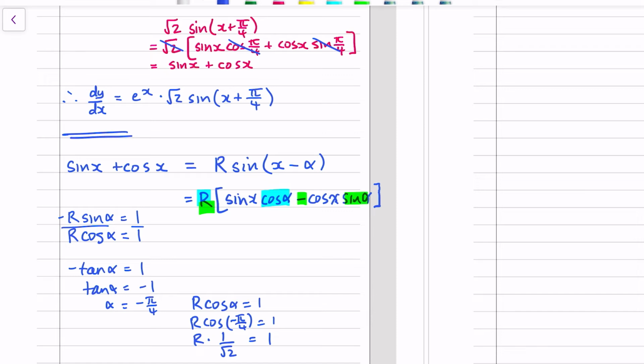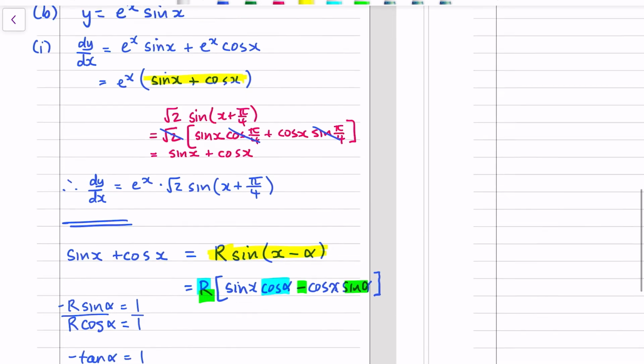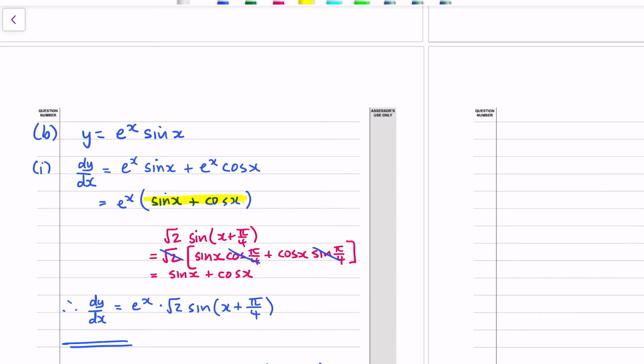And then I can go back to this structure here and go sine x plus cos x equals root 2 sine of x minus alpha, and remember alpha was negative, so it's x plus pi over 4. And then that goes back up into where sine x plus cos x is, and that's root 2 sine of x plus pi over 4.